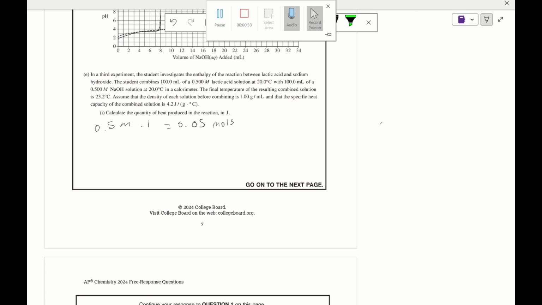And then we just convert these moles into grams. So we know that NaOH is 40, so you do 0.05 times 40, and then 0.05 times 90, which is lactic acid.